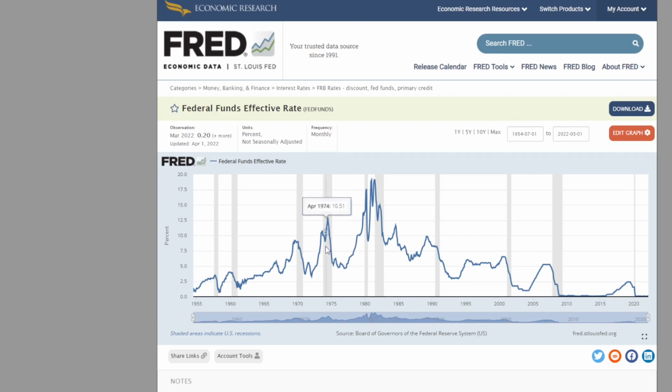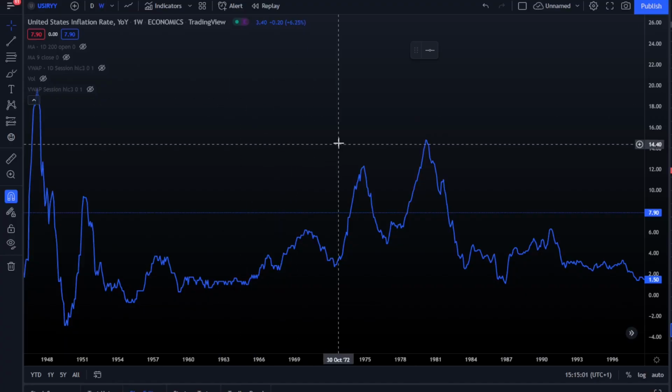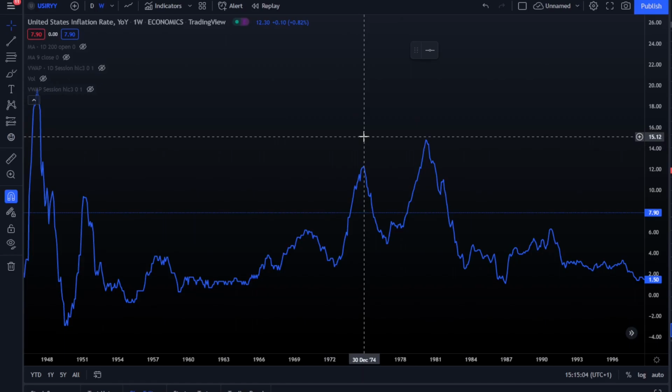December 1974. So we can see that the equivalent peak in the federal funds rate was in July 1974, which was before December. So July was the peak in interest rates, and then December was the peak in inflation.